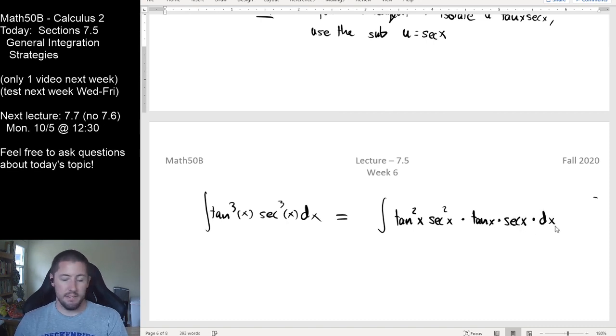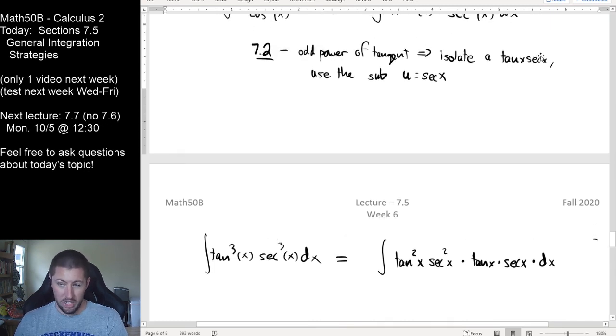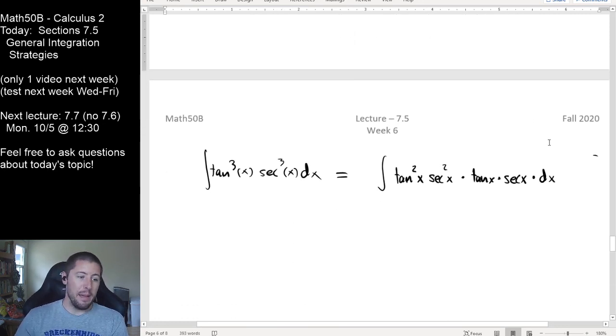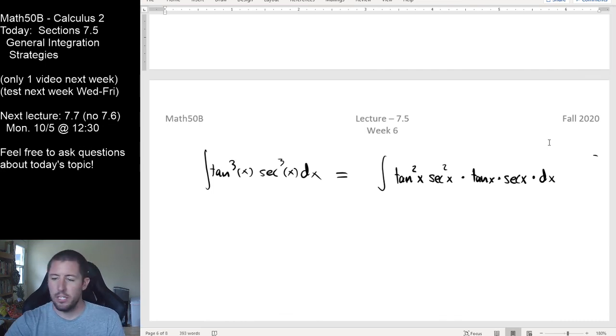The book's advice said isolate one tangent x secant x expression, so I just ripped it out of the parts that we already had. Then use the u sub u equals secant of x. And again, I am in a sense kind of blindly following the book's advice, but I have learned to trust the book's advice in 7.2, so I think this is a good move on our part.